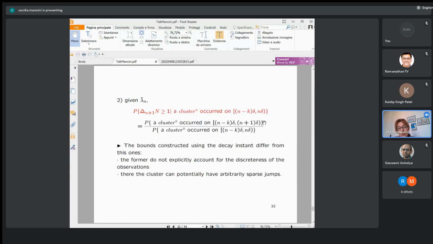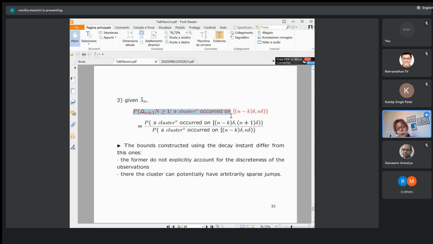This would be simply given by the quotient of the probability of the intersection of these two sets divided by the probability of the conditioning set. So we didn't go further in this, but this could be done.